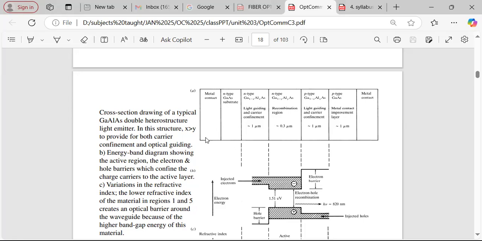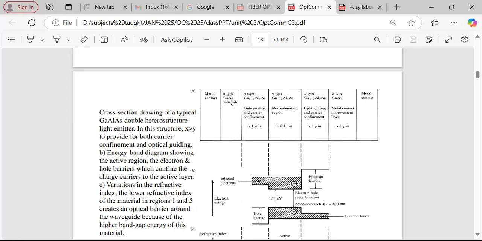So in the heterogeneous structure of the LED, the constituents and doping level of the material are not the same across the whole width of the diode. There is a variation in the doping level and a variation in the mole fraction of different materials. Here the material is also different.